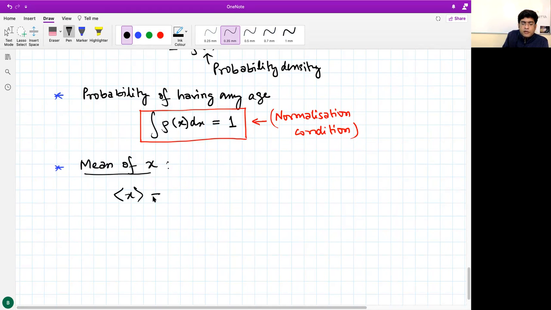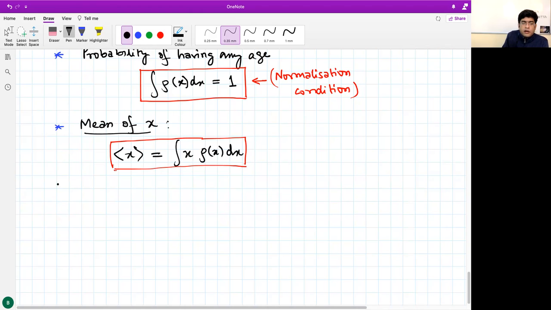Mean x is equal to x multiplied by the probability density, integrated over the small element dx. This is how it's defined for a continuous variable.